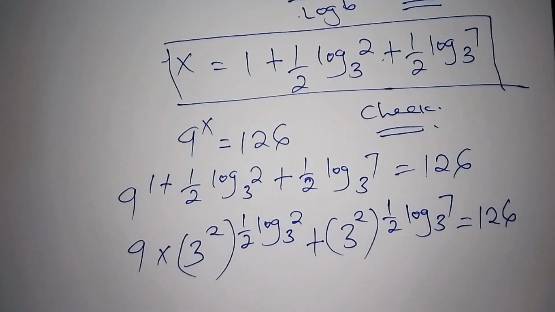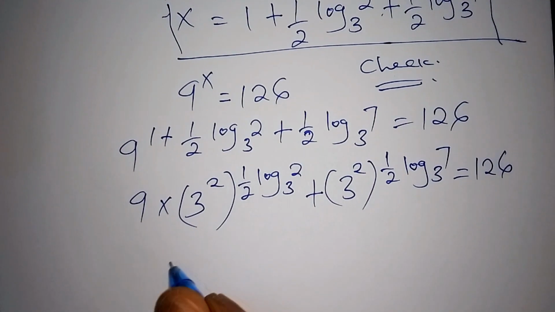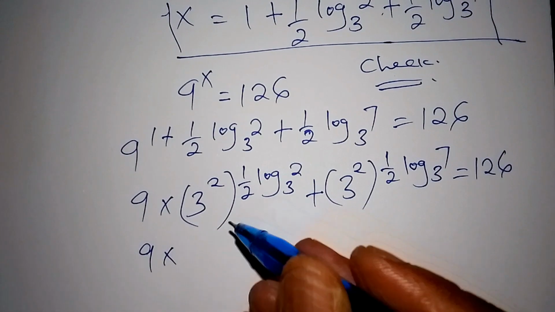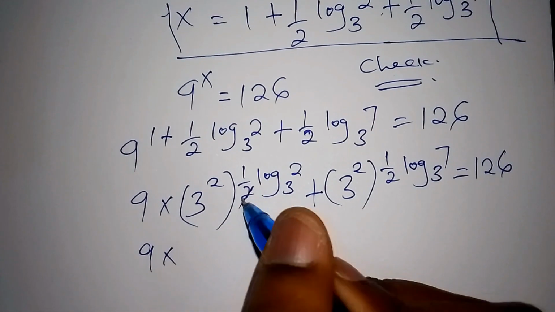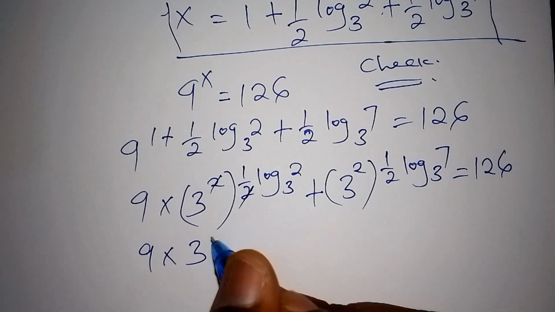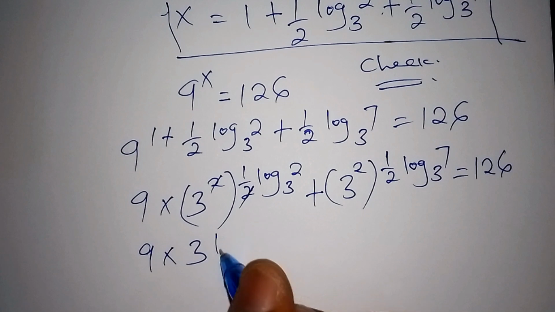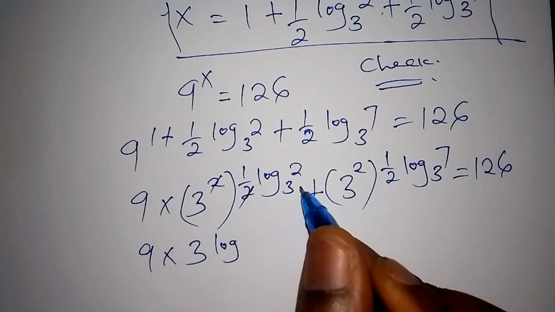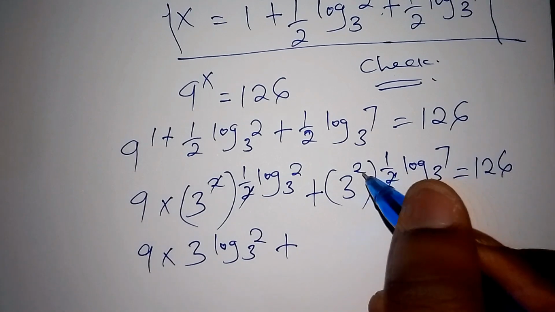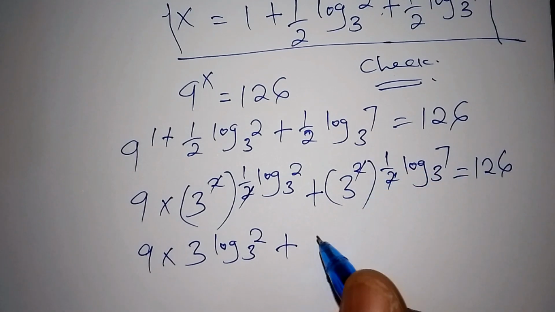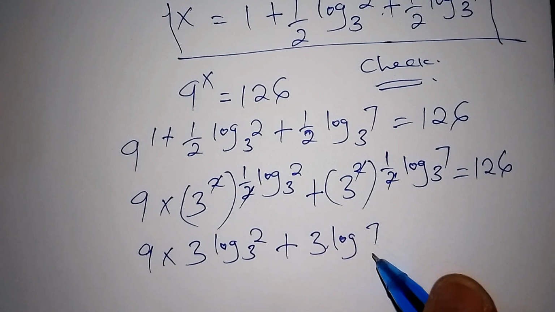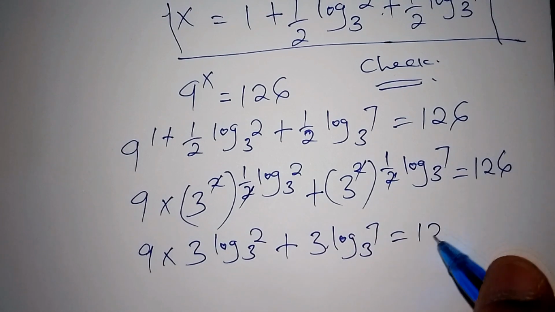Here we have 9 multiplied by 3 to the log of 2 to base 3, because the 2 and 2 cancel, then 3 to the log of 7 to base 3 is equal to 126.